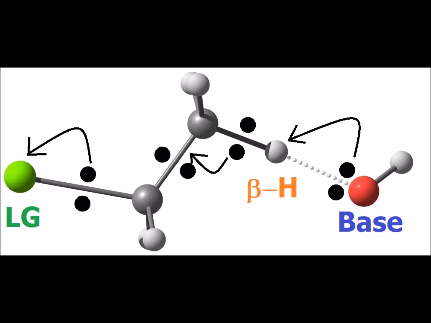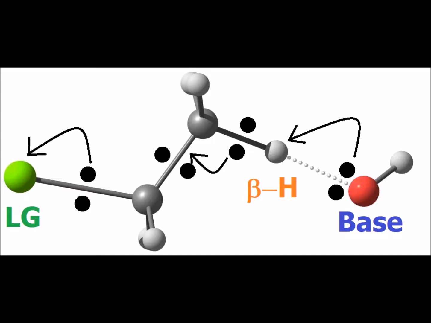Electron pushing arrows show the flow of electrons. From right to left, we have the lone pair on the base, abstracting the beta hydrogen. So we have a line going from the lone pair on the base and a curved arrow pointing directly to the beta hydrogen, because we're going from where there's a surplus of electrons to where there's deficiency of electrons.